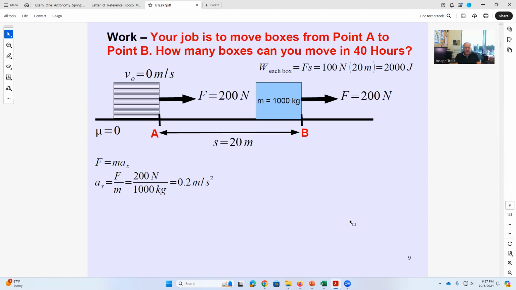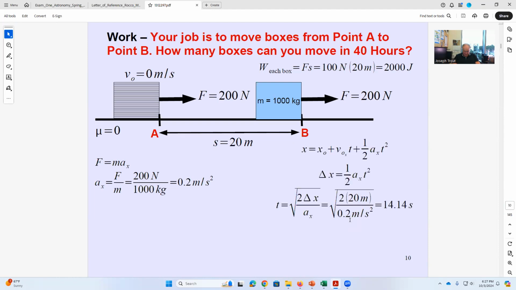Well, our acceleration will be the force divided by the mass. So our acceleration is 0.2 meters per second squared. And the distance we're going to travel is 20 meters. So we have x equals v naught x t plus 1/2 the acceleration in the x direction times time squared.